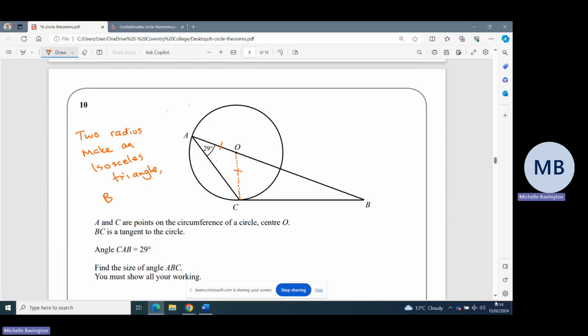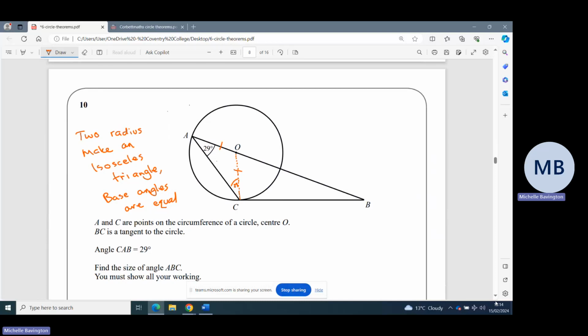So the base angles are equal. Yay. So I know that this angle here is going to be 29.